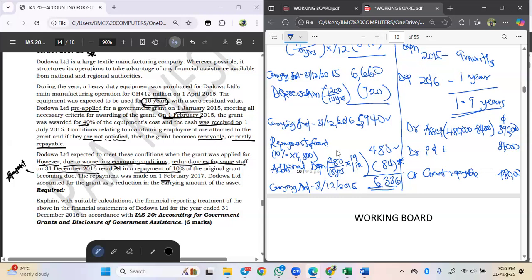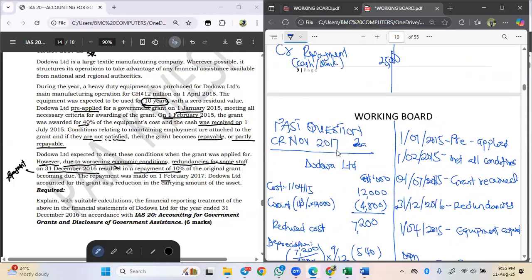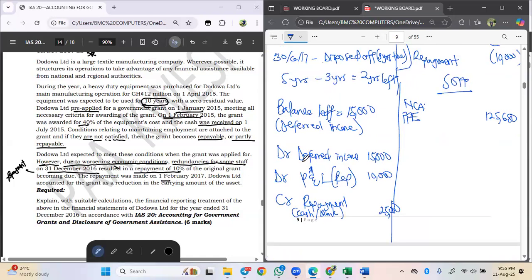We would have moved on to calculate the extracts, where we debit the deferred income balance and credit the mode of payment, whether cash or bank. Then the difference will be the repayment in the P&L.